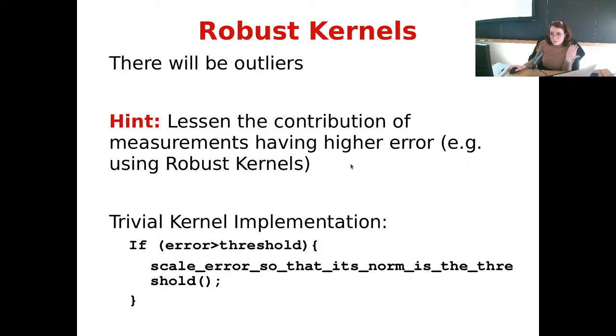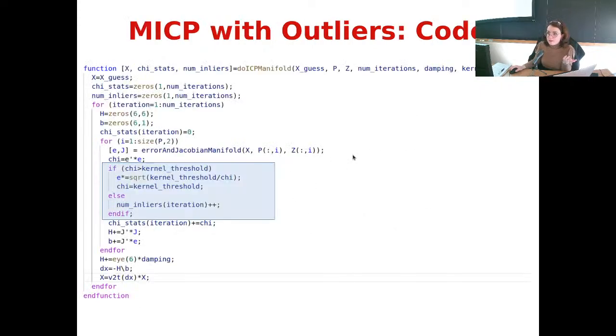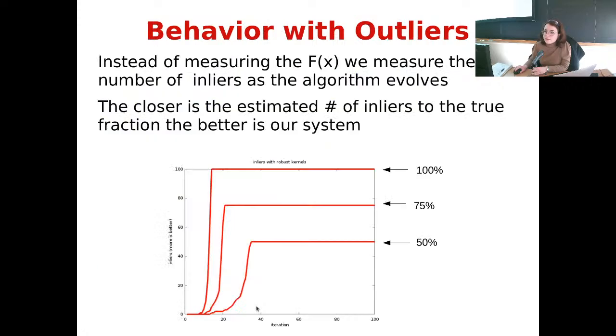Now, you have seen more sophisticated robust kernels, but in this example, we will stick to the case in which we say that if the chi-square is bigger than a given threshold, then we keep the error as big as this threshold. So basically we scale it down, but we keep the direction. If this check is false, then we say that we have an inlier, so we increase the number of inliers for that particular iteration.